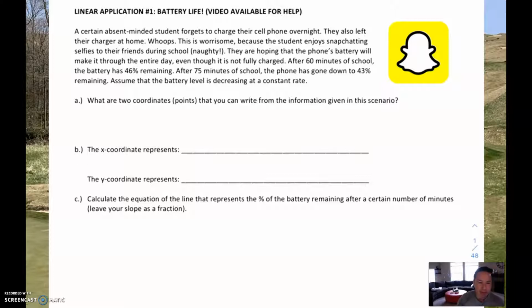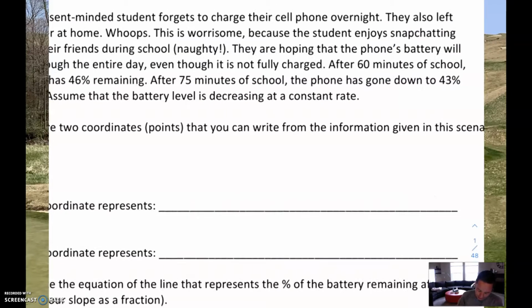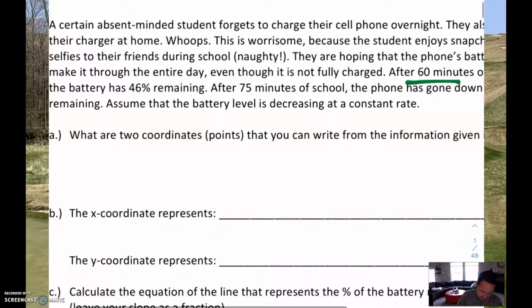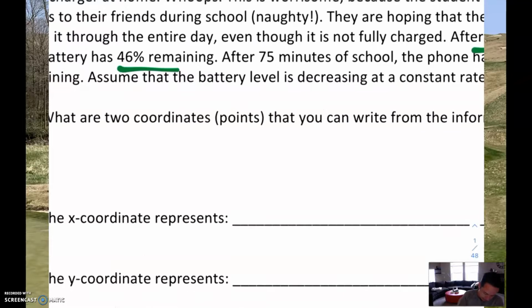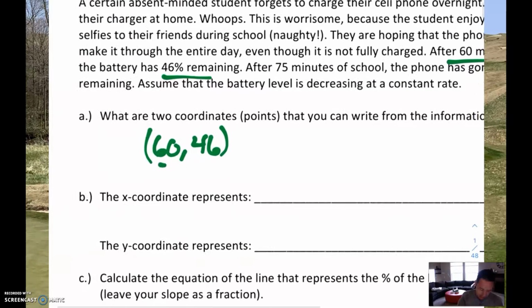So we're going to start by picking two coordinates from this information. And they kind of write themselves. After 60 minutes, there is 46% remaining. I'm going to write that as a coordinate where it's 60, 46. In general, usually time is going to be the x coordinate. So if you ever have a unit that's in time, then that's probably going to be the x.